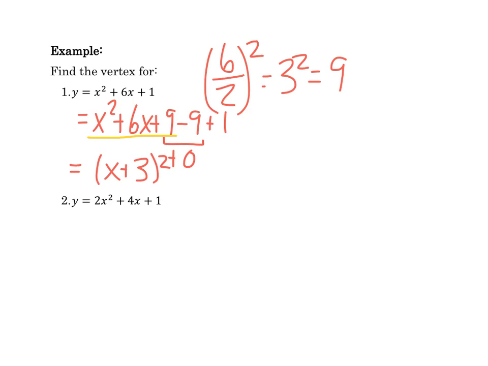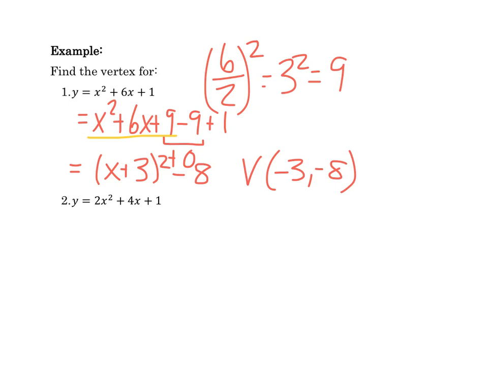Then our last step is to take the negative 9 and add 1 to simplify. We end up with negative 8. So we've now successfully converted this quadratic equation into vertex form, and we can identify that the vertex is negative 3, negative 8.